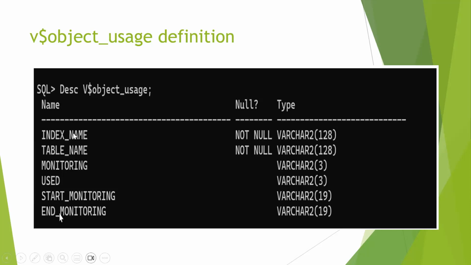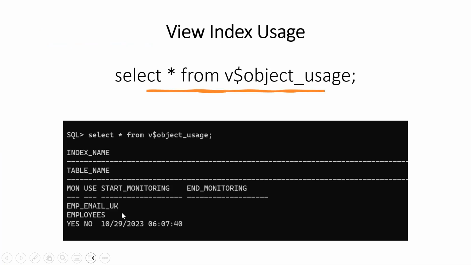Using this command, you can see we have index name, table name, monitoring, usage, start monitoring, and end monitoring, which we also see in this result. It is the same thing.